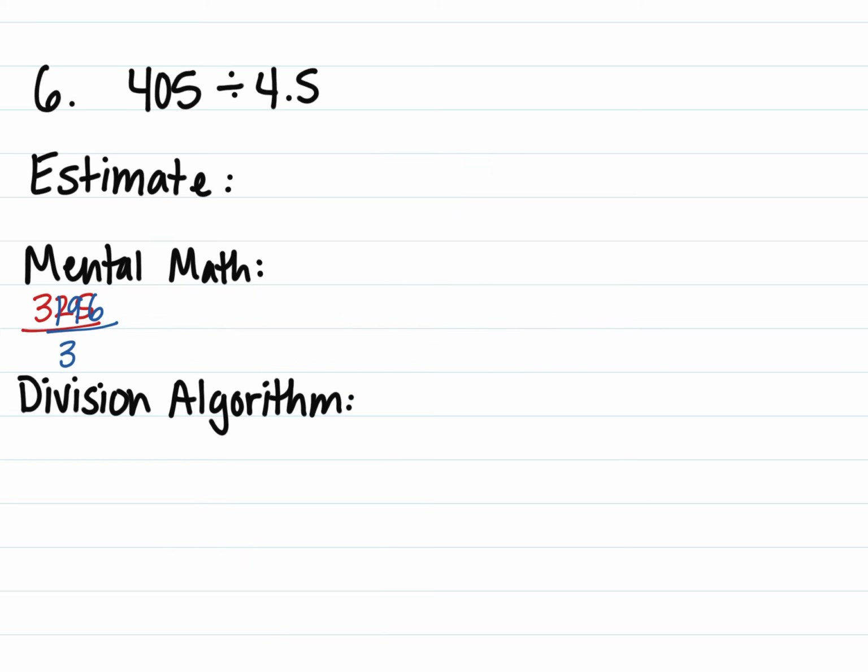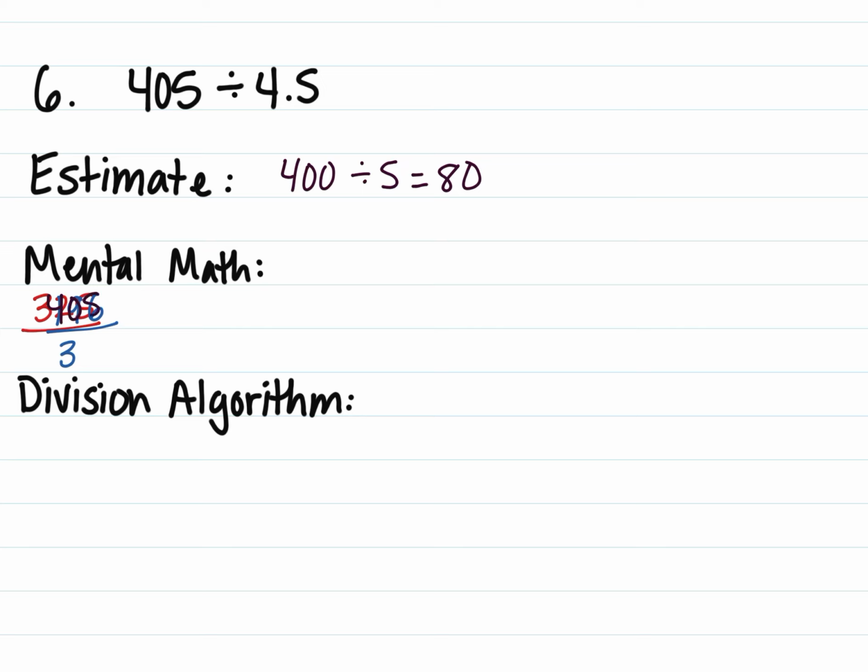For number 6, 405 is close to 400, and 4.5 is close to 5. 5 fits into 40 8 times, with nothing left over, but we still have one extra place value, so our approximation is around 80.